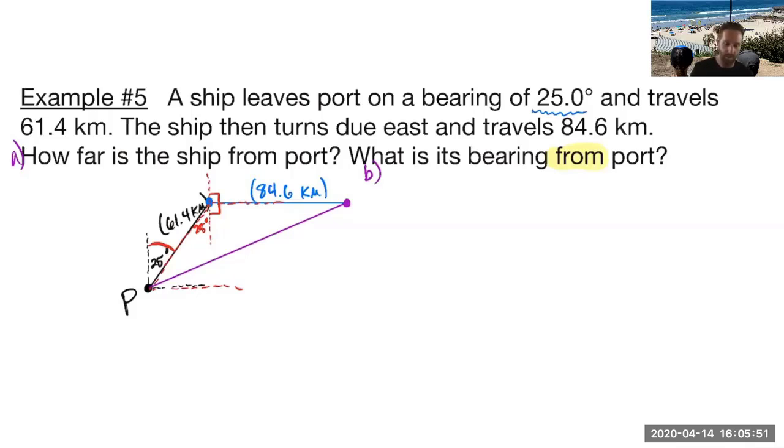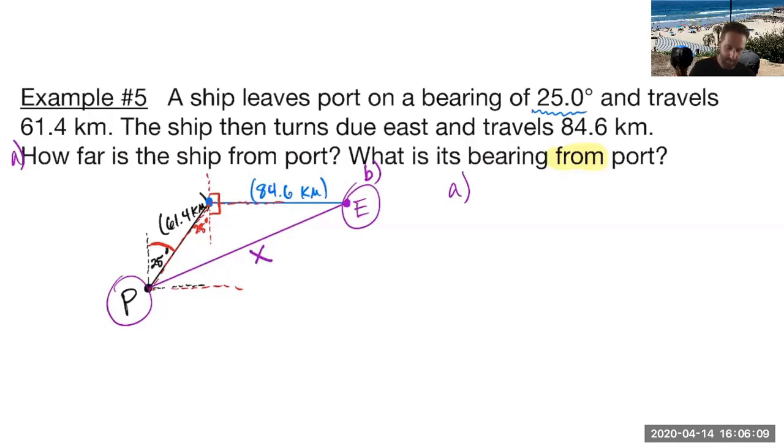I will go ahead and label that as my part A. When I'm solving, that would be the distance from where we started, the port, to where we ended, if you want to call it x. All right, I need to find that distance.